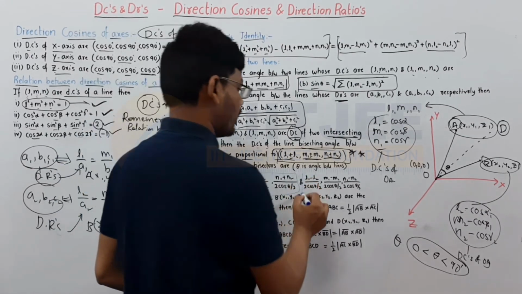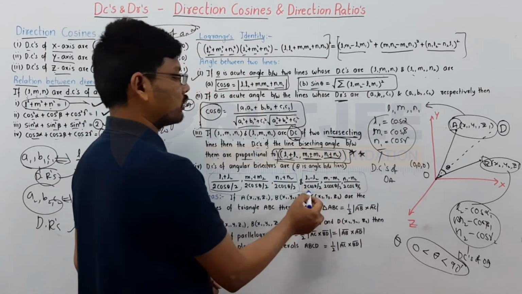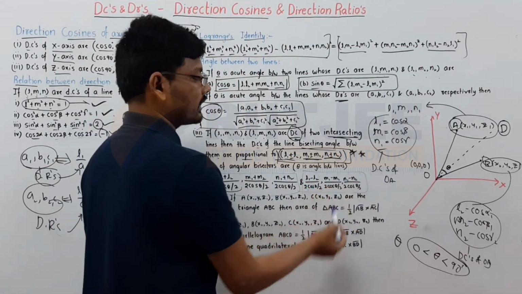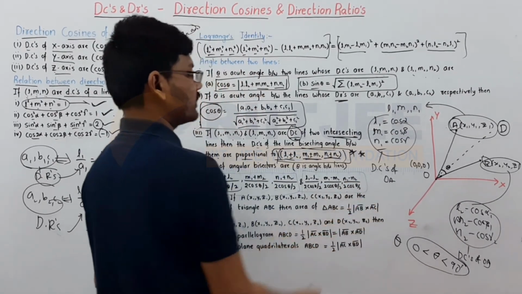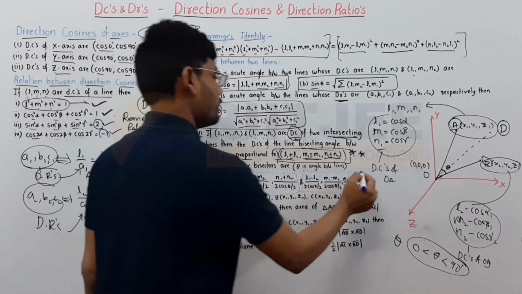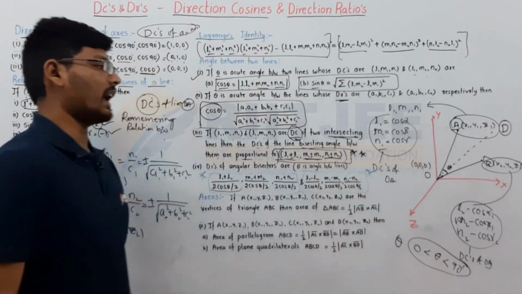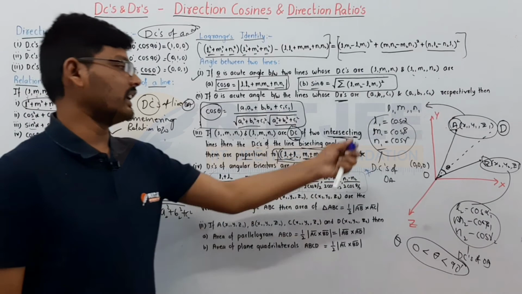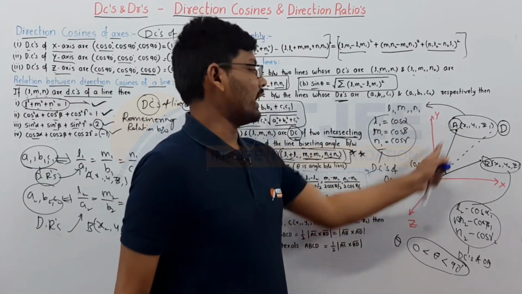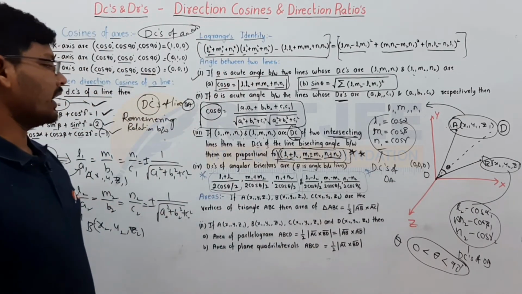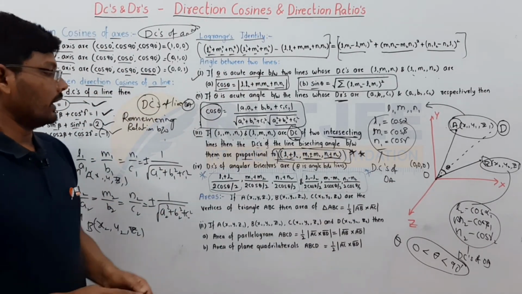And one more we have: l1 minus l2 by 2 cos theta by 2, m1 minus m2 by 2 cos theta by 2, and n1 minus n2 by 2 cos theta by 2. These are the two formulas to remember for the angular bisector of two DCs, given OA and OB here.